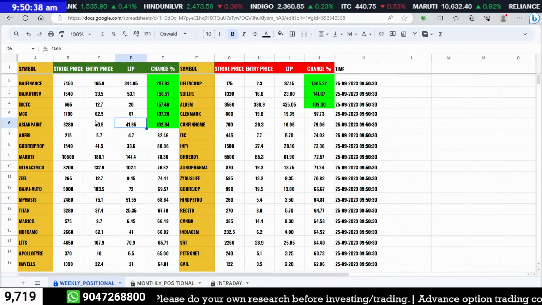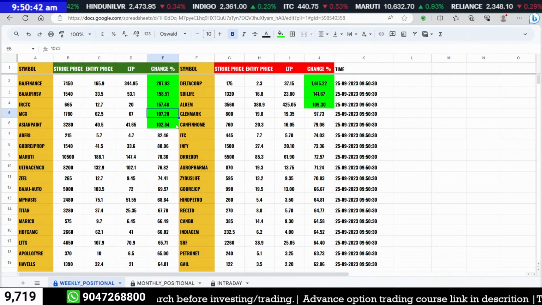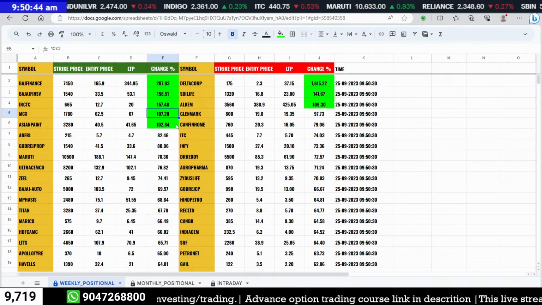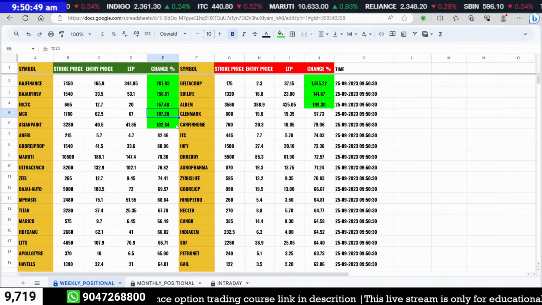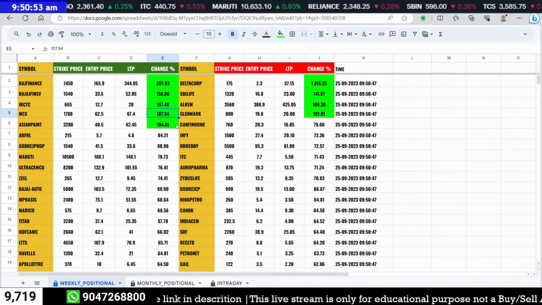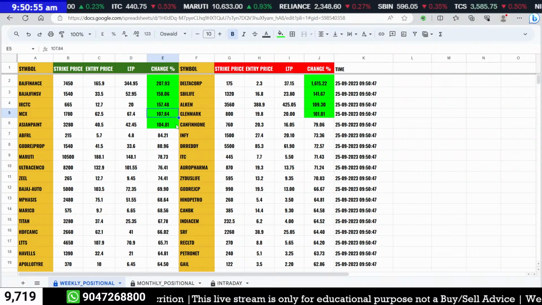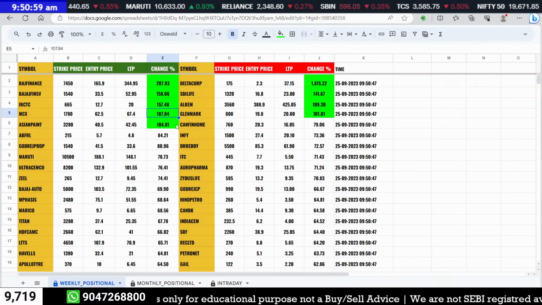So Asian Paint and MCX triggered, MCX is nearly 7% and Asian Paint is around 2%. And the second one is ABFRL, which is nearing that, but we have to follow one or two trades in a day. That's good enough, either you plan for an intraday or a positional, whatever it may be.